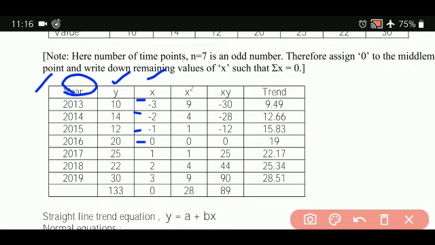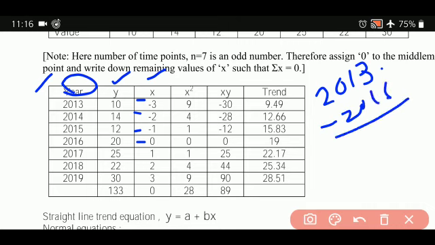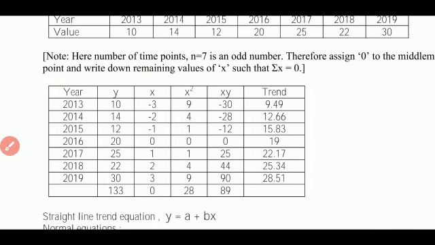Because when you subtract 2013 minus 2016, you get the answer -3. This is how the calculation comes. This is -3. 2014 minus 2016 is -2. 2015 minus 2016 is -1, 0. And here the values will be 2017 minus 2016 is 1. Similarly 2 and 3.